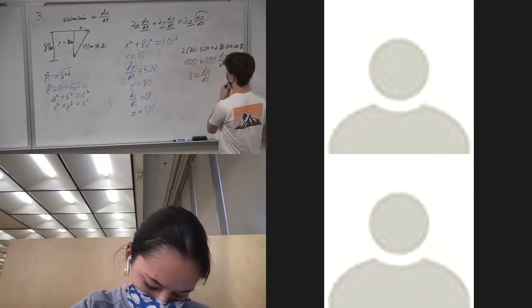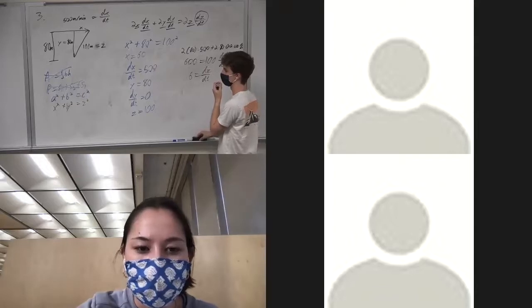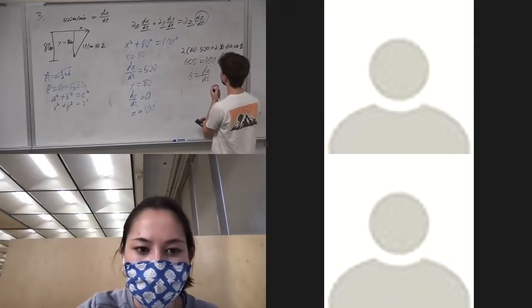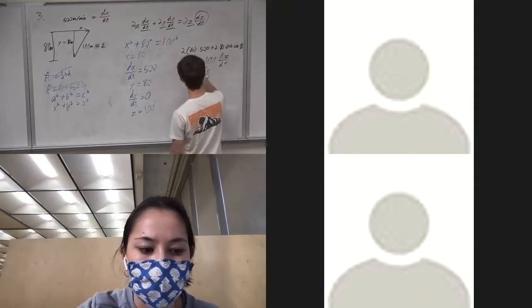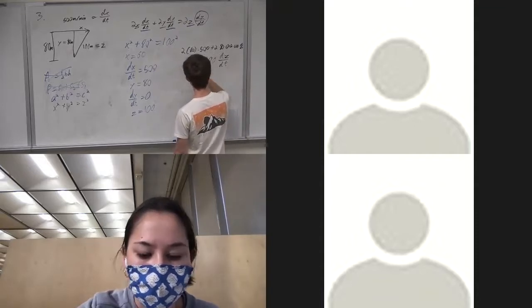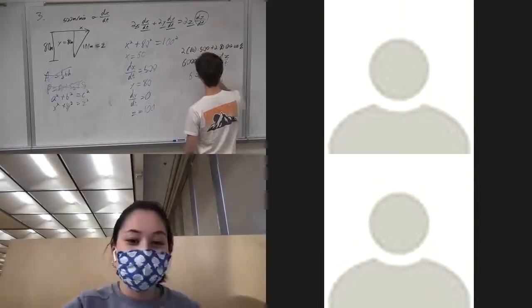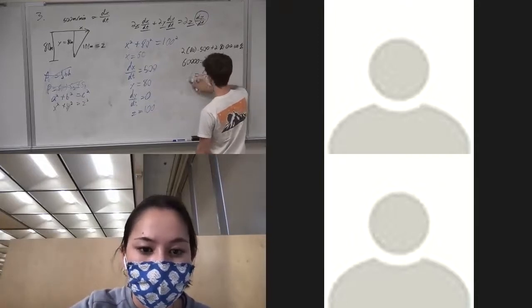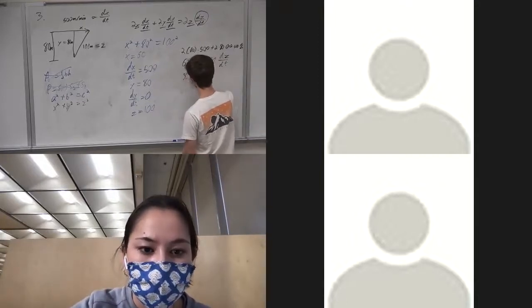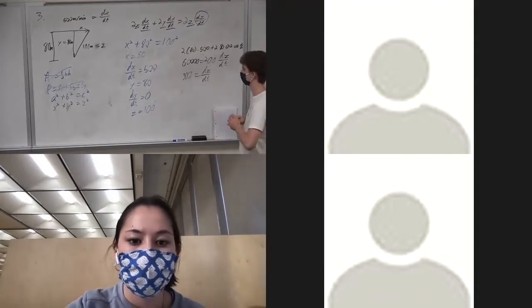Oh yeah, you're right. So you get 60,000 and then this is 200. And then that's 300? Okay, cool. Sorry, did not check that.